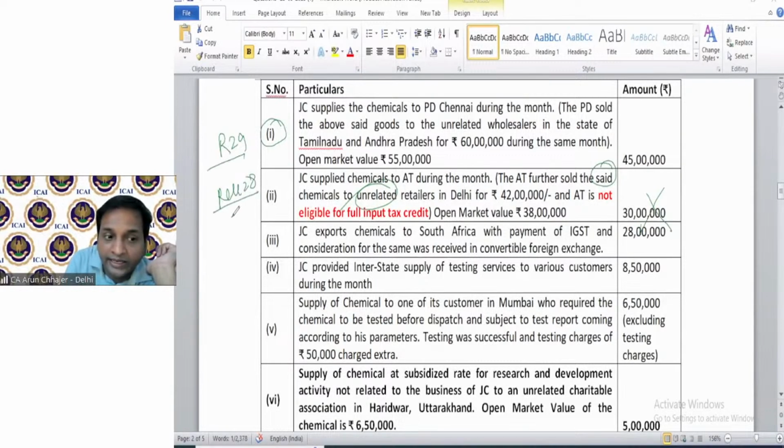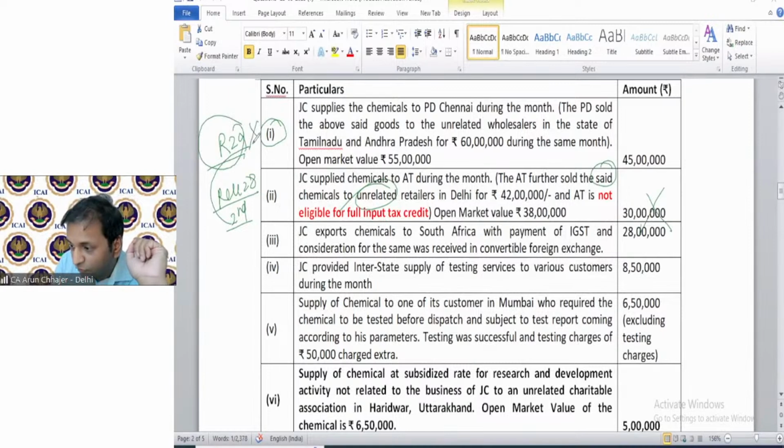In Rule 28, there is a second proviso which says that if full ITC is available, the value declared on the invoice will be deemed to be the open market value. But in Rule 29, the second proviso is not there. Therefore, Ms. Agrawal, you cannot assume in question number 1, because whether ITC is available or not available is immaterial.